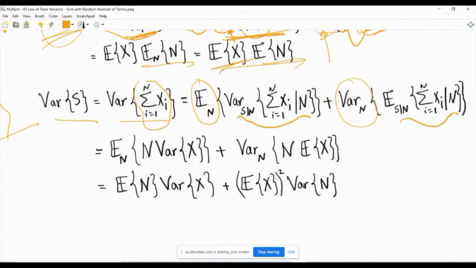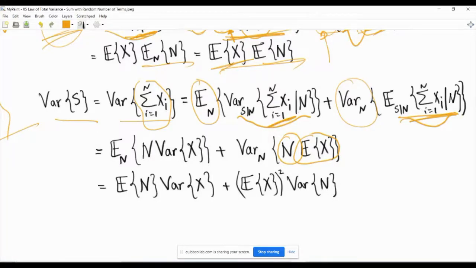Now, what is the expectation of the sum given N? It's the expectation of one guy multiplied by the number of terms in the sum, which is treated for now as a constant. What is the variance of the sum given N?